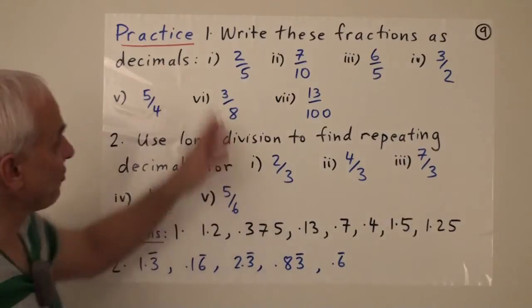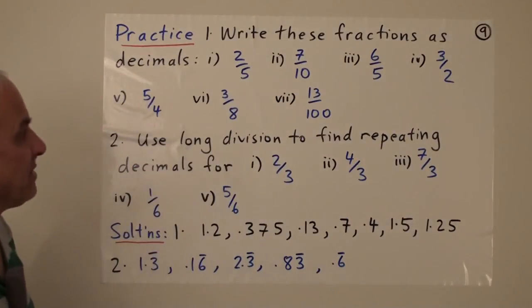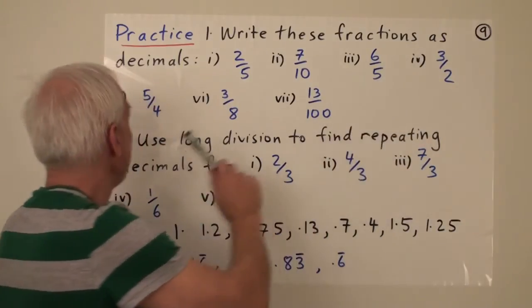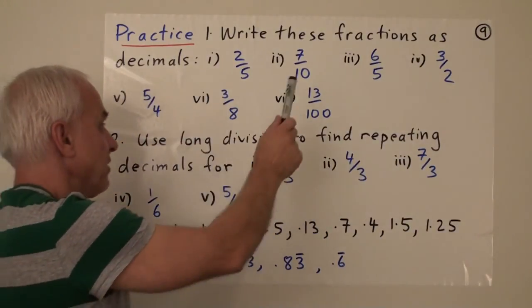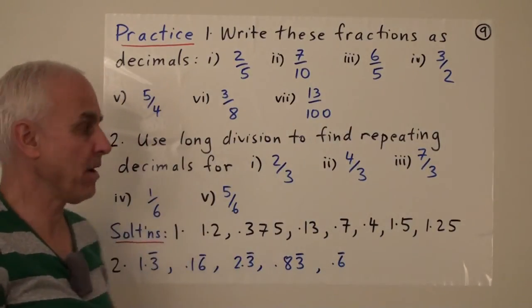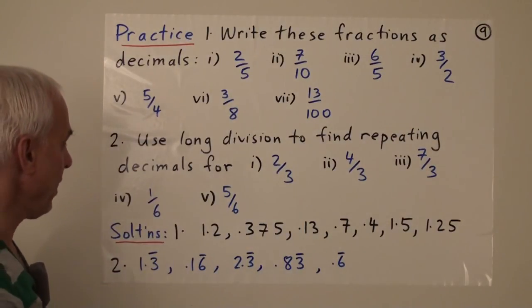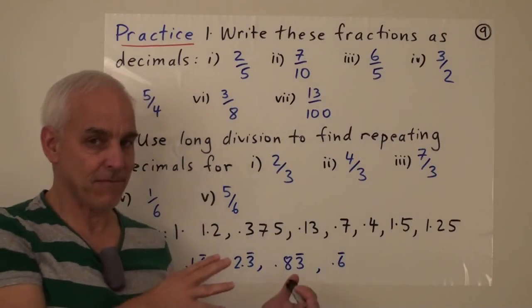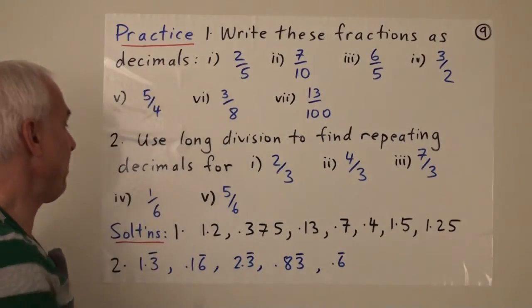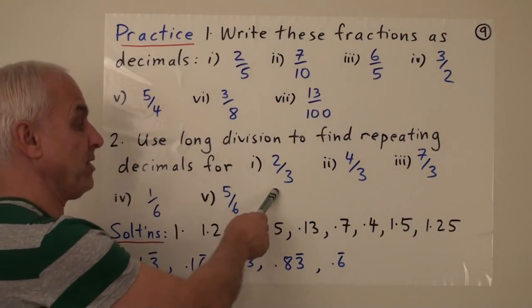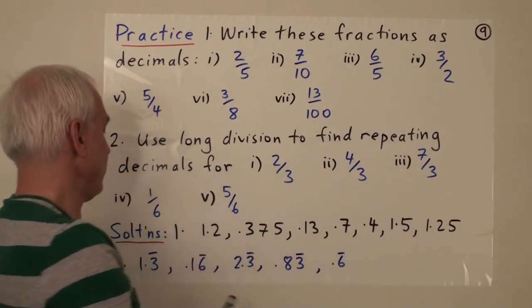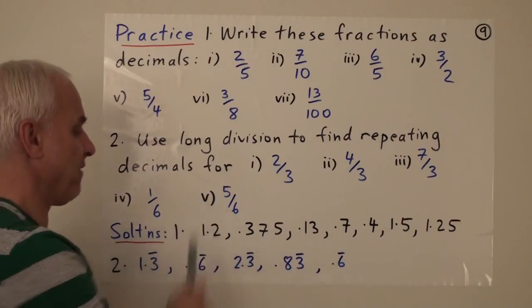Okay, so our practice is to write these fractions as decimals: 2/5, 7/10, 6/5, 3/2, 5/4, 3/8, 13/100. Write them out as decimals. And the second problem is to use long division, just like I've just shown you, to find repeating decimals for 2/3, very important one, 4/3, 7/3, 1/6, and 5/6.